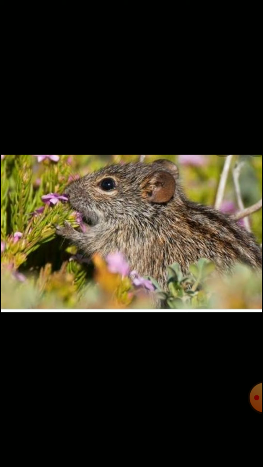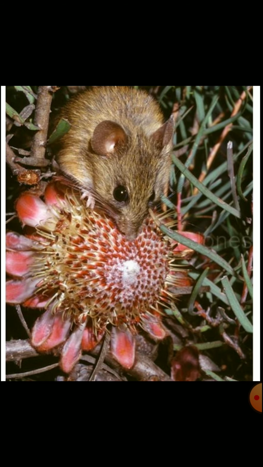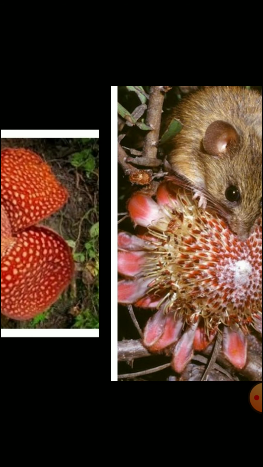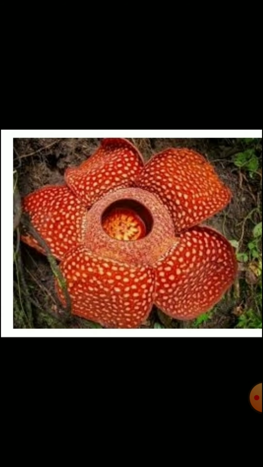Pollination by mammals. Many mammals such as bats, squirrels, elephants are all pollinators. Rafflesia: the flowers are very large and at ground level. The pollen grains of one flower may get attached to the feet of an elephant, and when it steps on or touches the other flower, they get transferred to the stigma of the other flower.